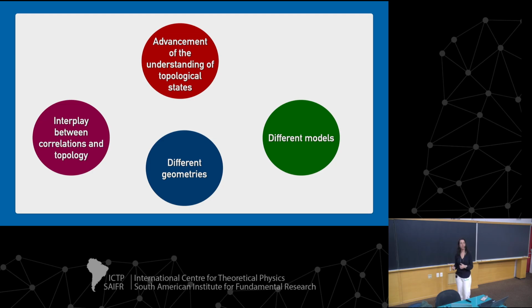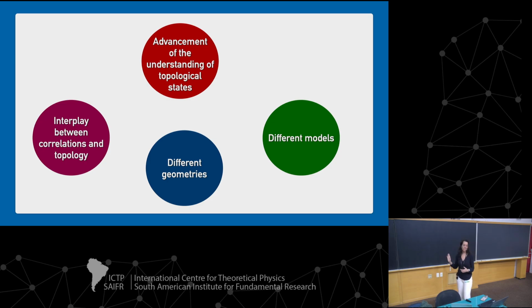Specifically, when we have no correlations present, there is a very clear prescription on how to calculate Chern number or Zak phases, and how to understand what happens when we have topology. But in the presence of correlations, this is much less clear, so there is a lot to be done in this field, and I think optical lattices is a very good setup for that.